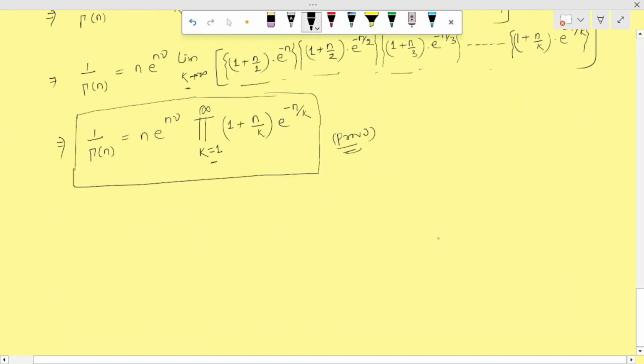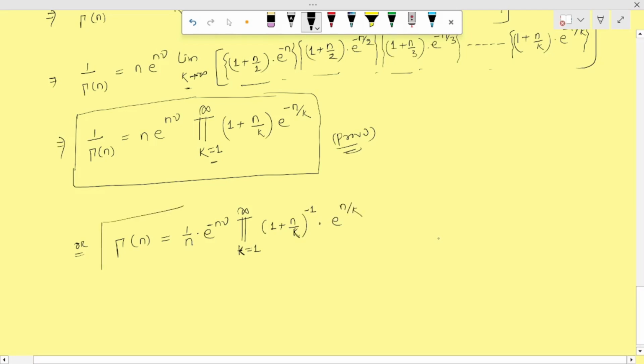So similarly, if I write gamma n, then this will be 1 by n e to the power, obviously it will be minus nγ, and the infinite product, k equal to 1 to infinity, will be written as 1 plus n by k to the power minus 1 into e to the power n by k.